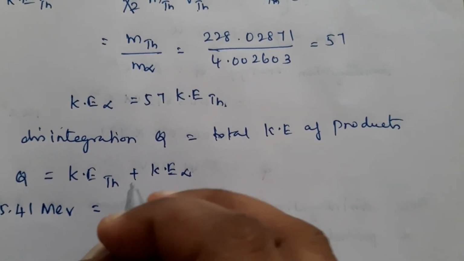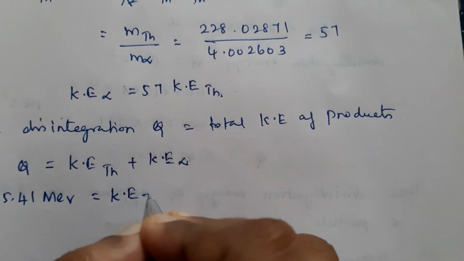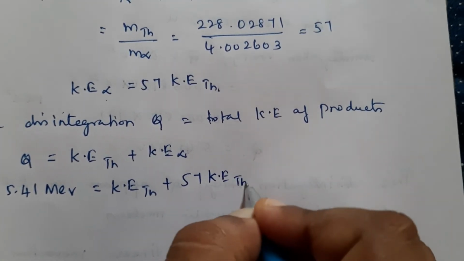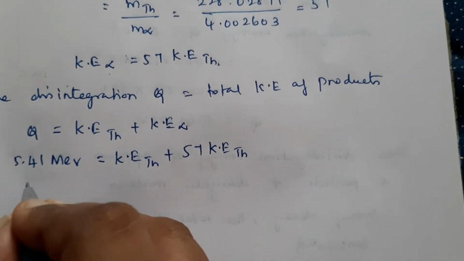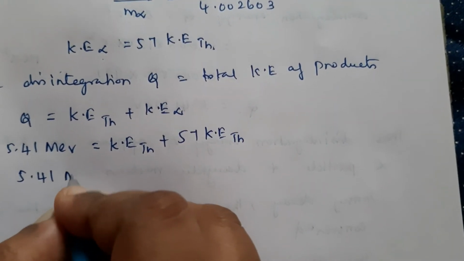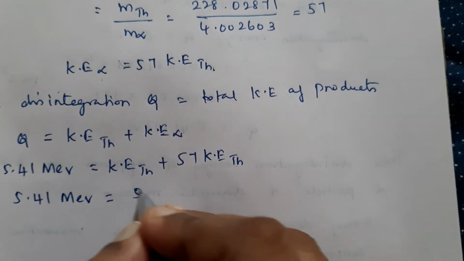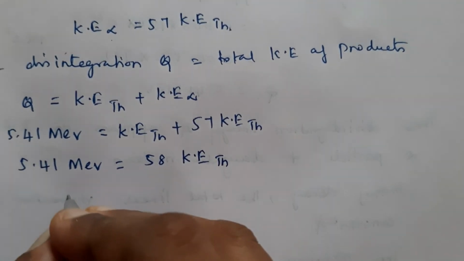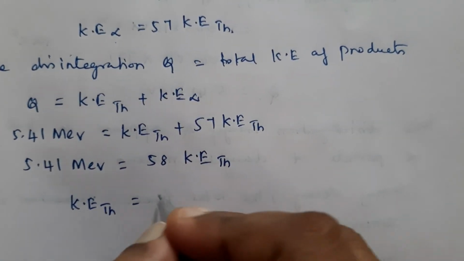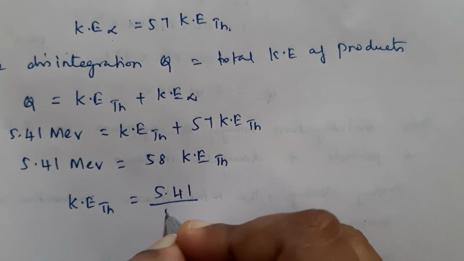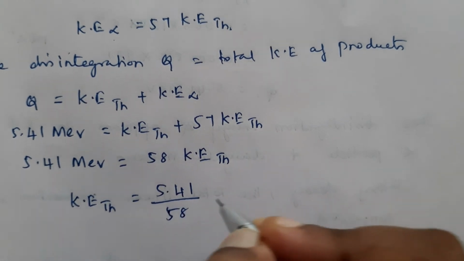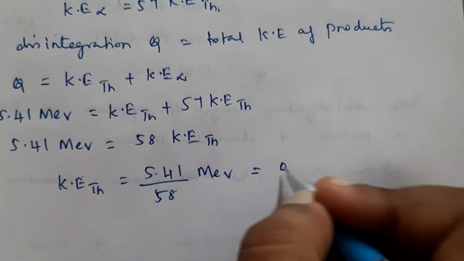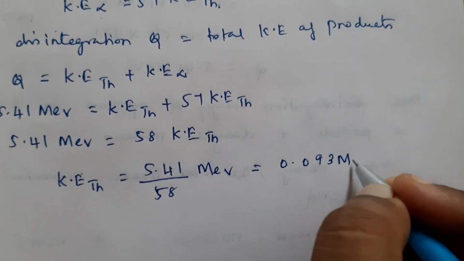That is equal to the kinetic energy of thorium, which is not known, plus 57 times the kinetic energy of thorium. So 5.41 million electron volt is equal to 58 times the kinetic energy of thorium. The kinetic energy of thorium is 5.41 by 58 million electron volt. If you divide this, you will get 0.093 million electron volt.